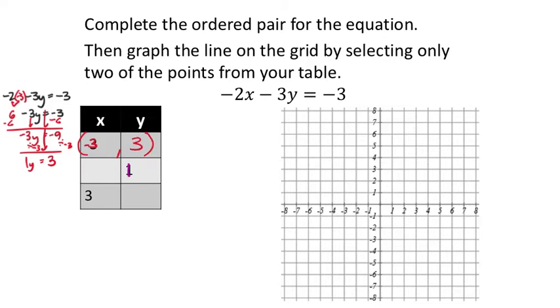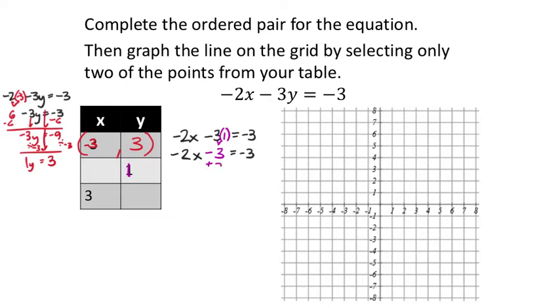Next, we're going to try out y equals 1 and then find its corresponding x value. Going back to the original equation, negative 2x minus 3y equals negative 3, and we'll replace the y with 1. After that, it's solving. So negative 3 times 1 is negative 3. So now it's negative 2x minus 3 equals negative 3.